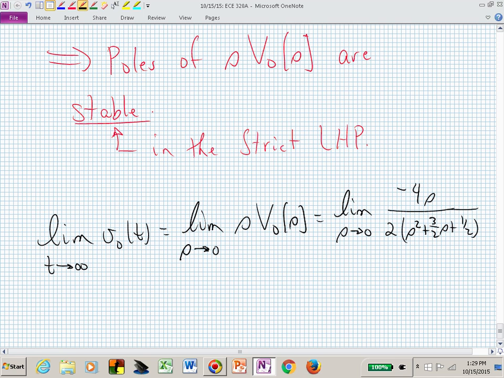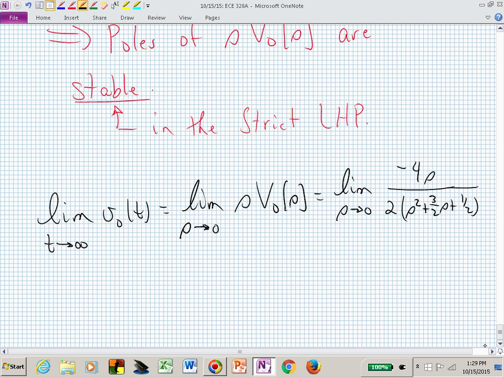And what happens when I let s go to 0? What happens in the numerator? That goes to 0, doesn't it? If I let s go to 0, what happens in the denominator? I now have 2 times 0 squared plus 3/2 times 0 plus 1/2. That's going to be 1/2.